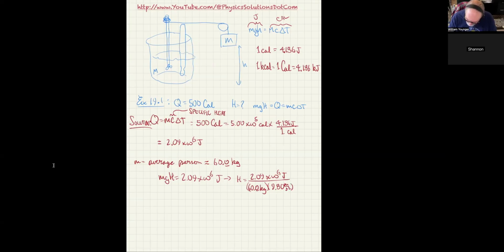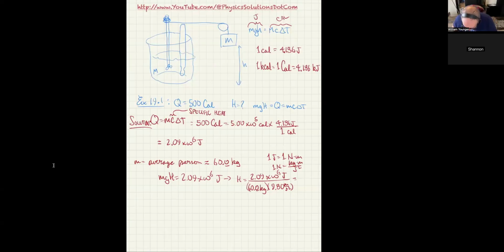Now notice a joule is a Newton meter, and 1 Newton is equal to a kilogram meter per second squared. So the joule in the numerator is kilograms meters squared per second squared. The kilogram and the second squared cancel out, and you're just left with a meter.